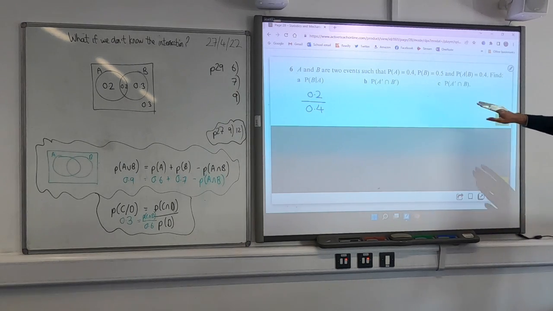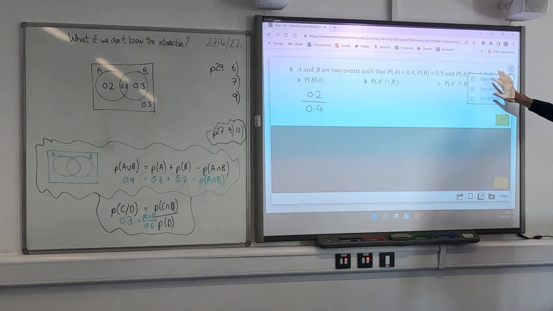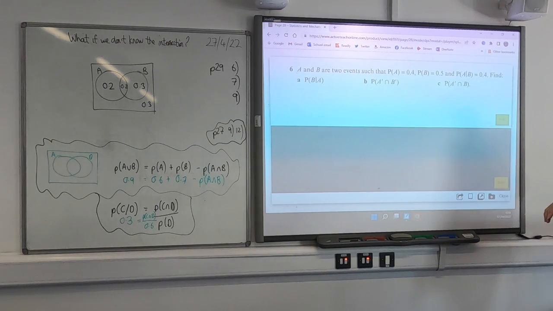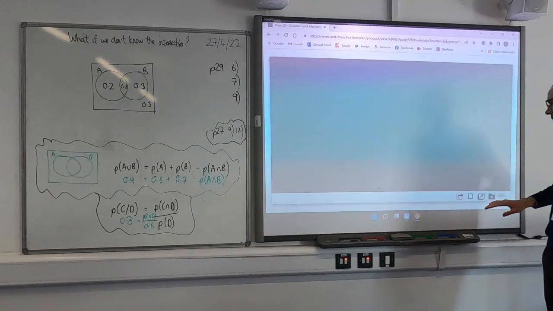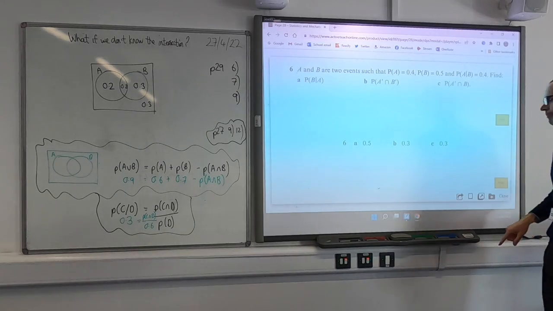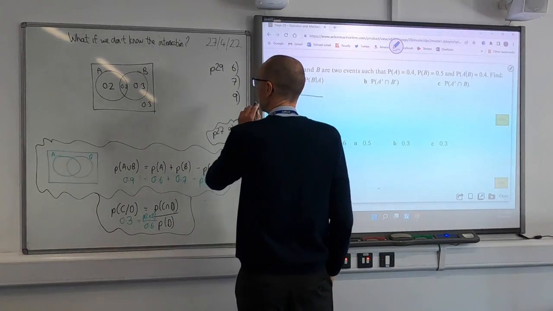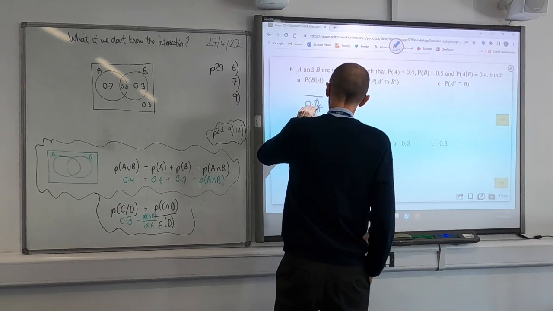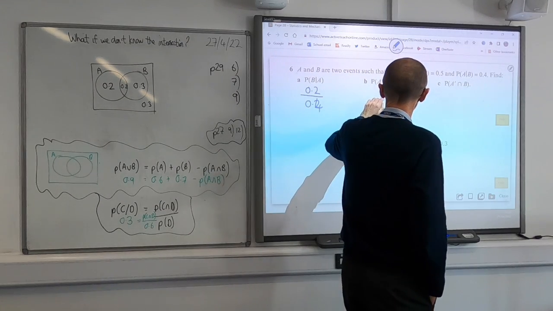Yes, that's a really good point, actually. One of my many mistakes that I'm quite pleased I made. Because that one isn't a given question at all. So this one is a given question, so that is probability of A. But that's just outside both circles, not A happening and not B happening.